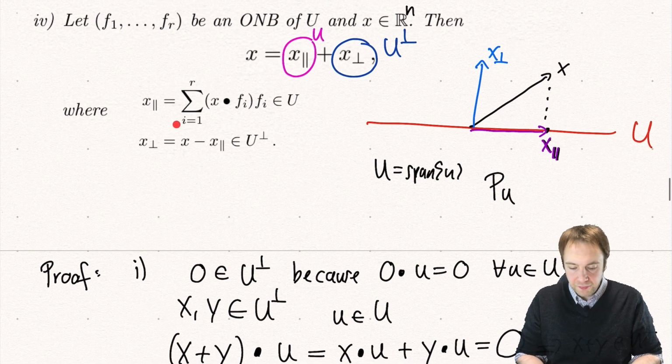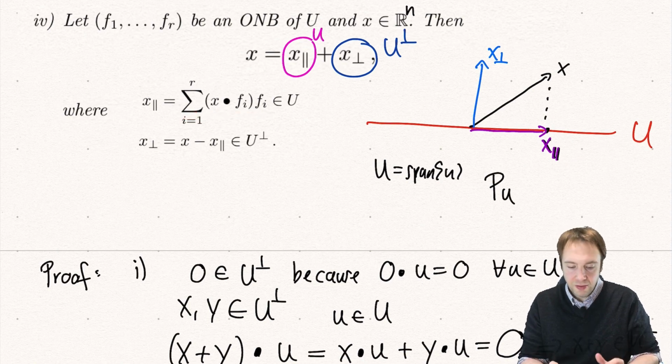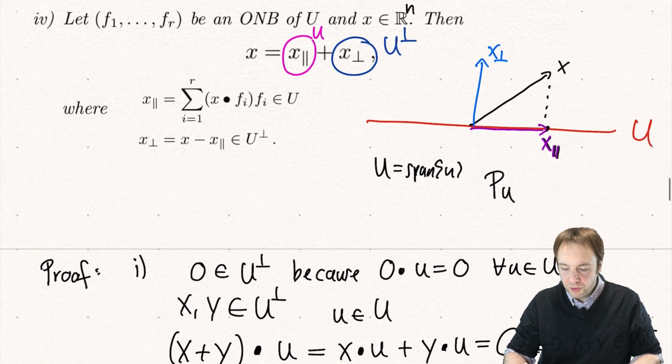And you also see that if I have this orthonormal basis, then the formula for this purple vector here is extremely simple, because I just need to calculate the dot product of this x with the basis vector. And if you recall this orthogonal projection PU, this is quite similar to what we did there.